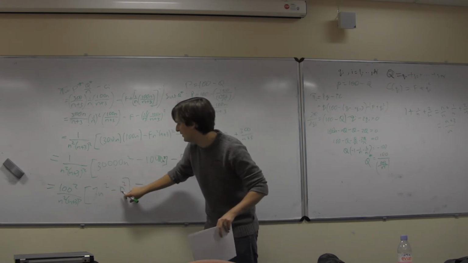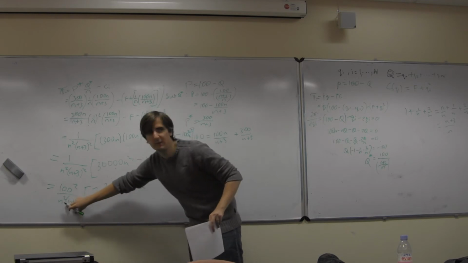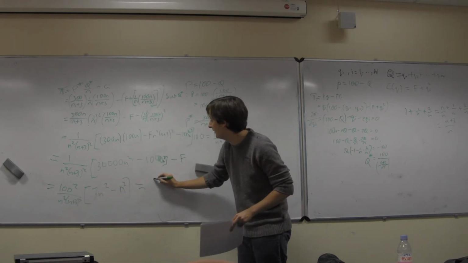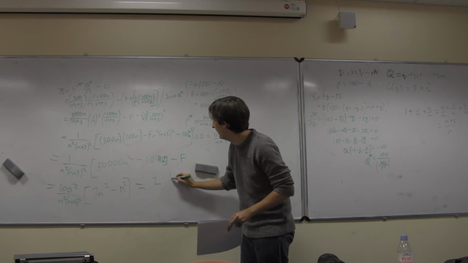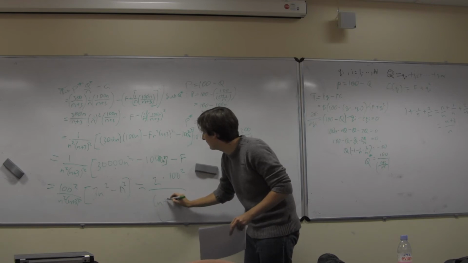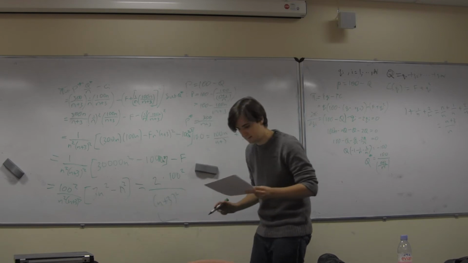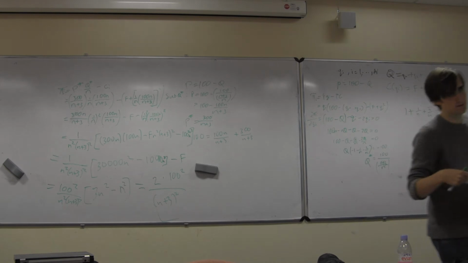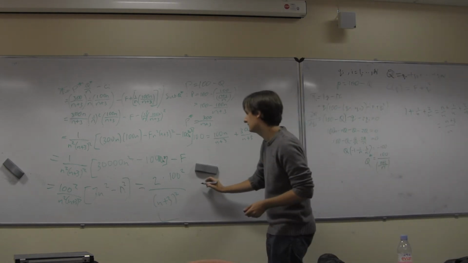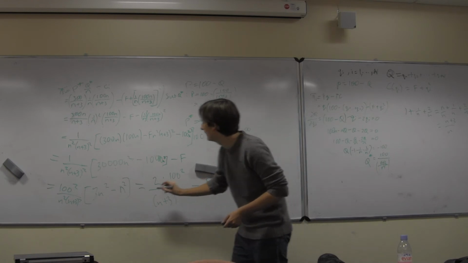So this is going to be 2n squared. We've got n squared on the top, n squared on the bottom. That's going to cancel out. So it's just going to be 2 times 100 squared all over n plus 3 squared, which is minus f. That's what's minus f.